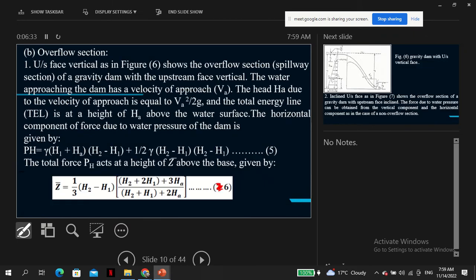So the overflow section, the section where water can flow over the dam. So on the upstream face, the vertical figure as shown.